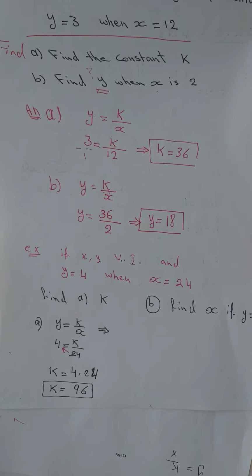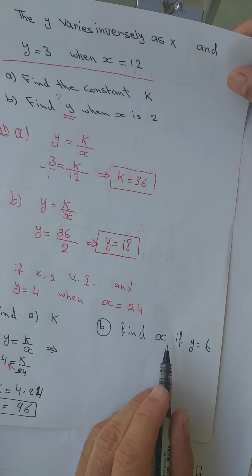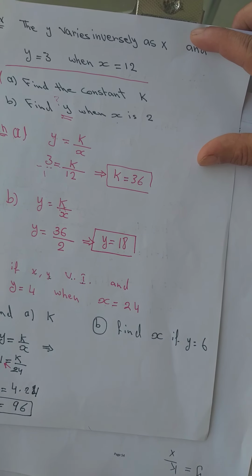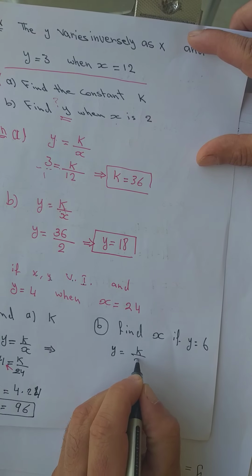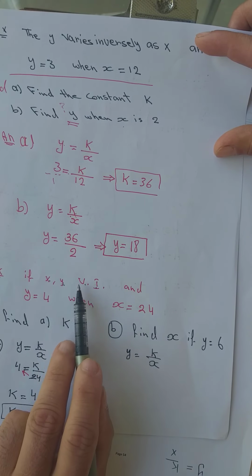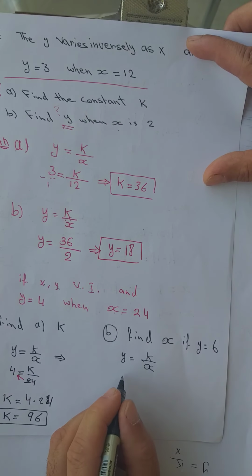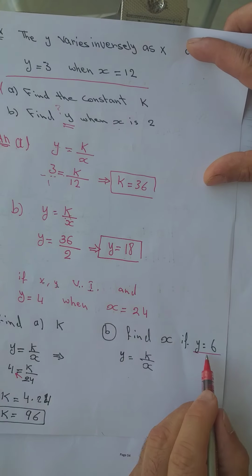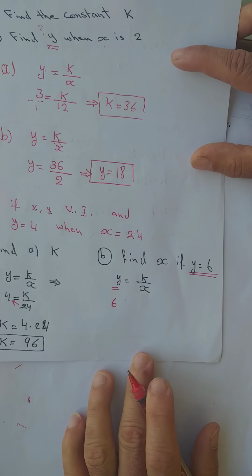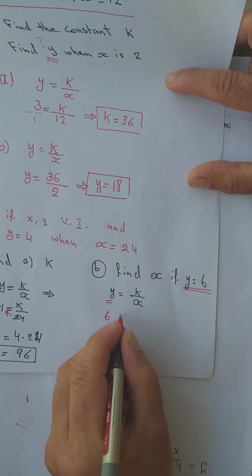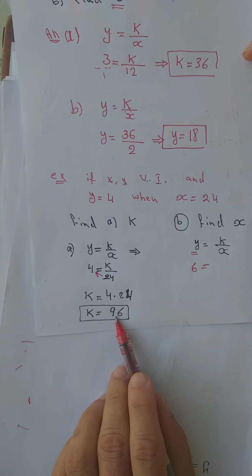Now, B. Find value x if y equals 6. y equals k over x, because the given is x and y vary inversely. Do you have y? Yes, y is equal to 6. k, yes, we have k is equal to 96.